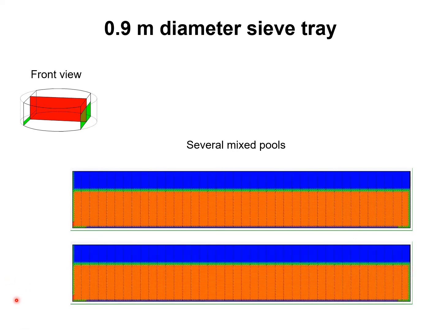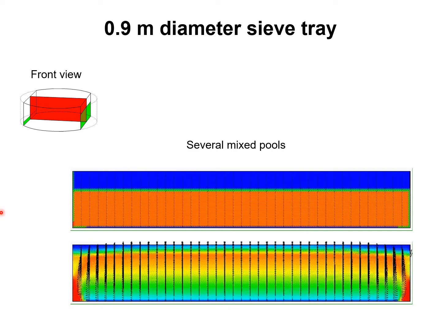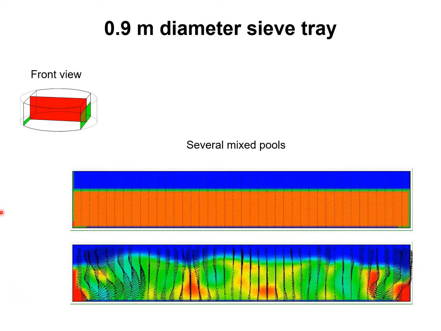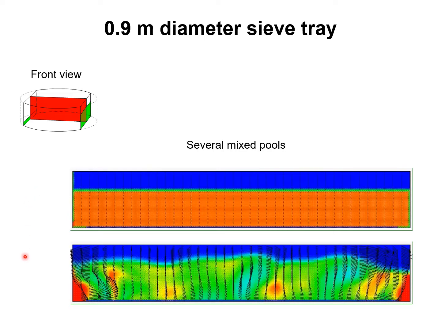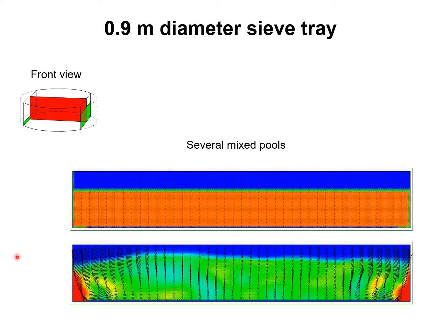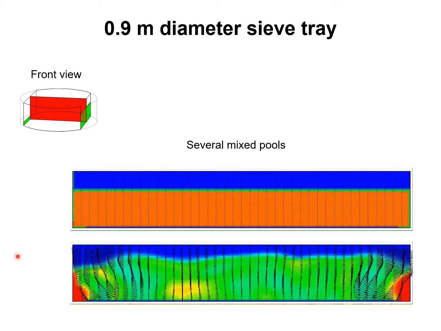The animations indicate that there are a number of well-mixed pools along the tray, and therefore as the tray diameter increases, the liquid flow on the tray can be approximated as being in plug flow.